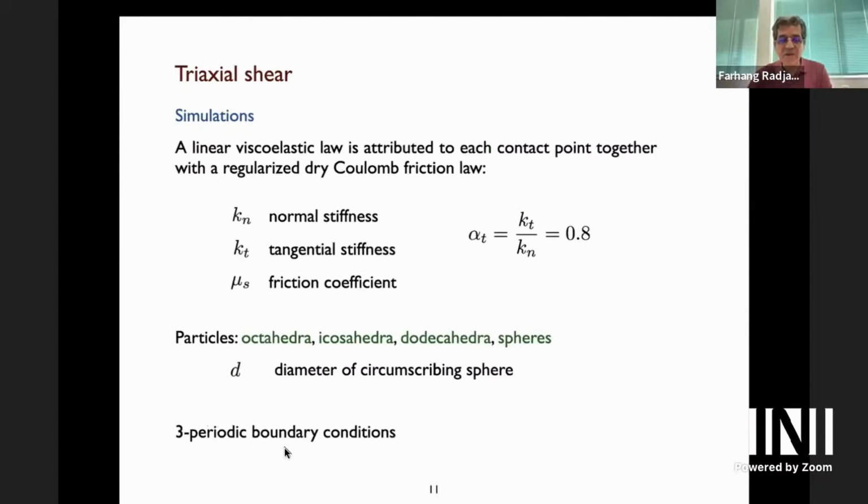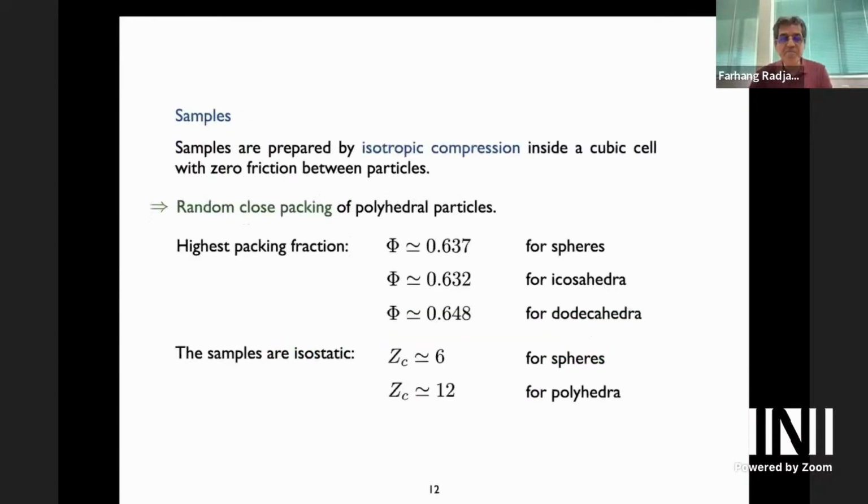For the simulations, we also use 3 periodic boundary conditions, so fully periodic boundary conditions. The samples were prepared by isotropic compaction, so basically under the same pressure in 3 directions in a cubic cell with 0 friction. So we reach a random close packing of polyhedral particles. The highest packing fraction reached, for spheres, is around 0.637.